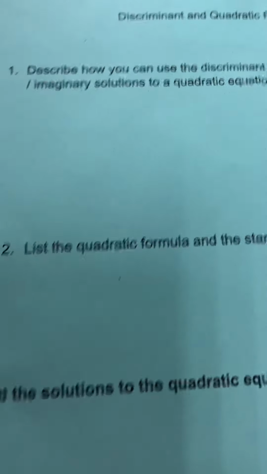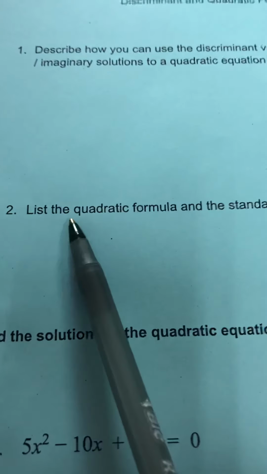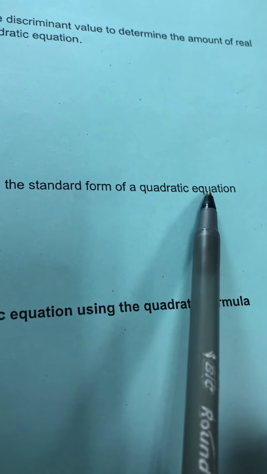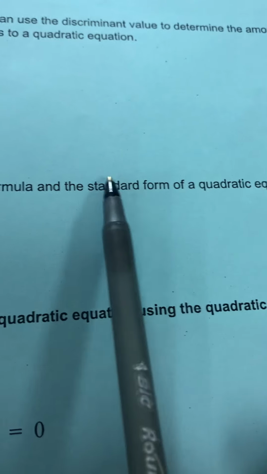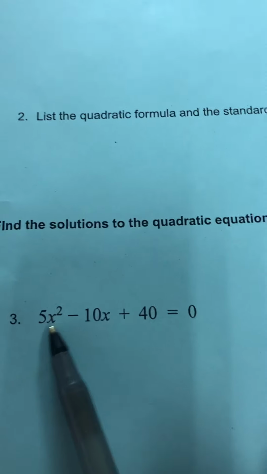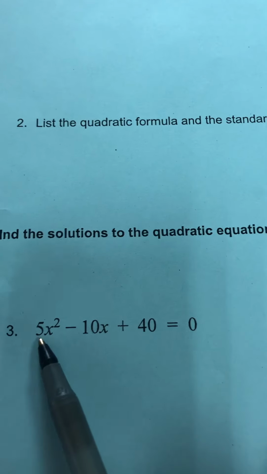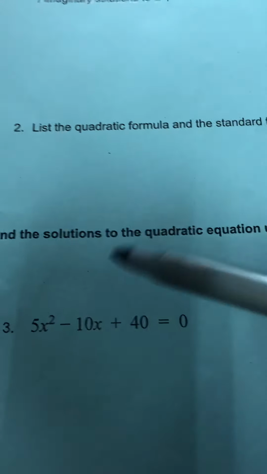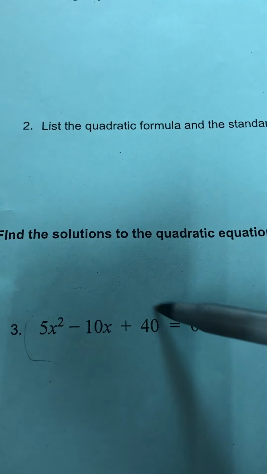Utilize those notes. For number two, list the quadratic formula and the standard form of a quadratic equation. The standard form of a quadratic equation, you're kind of looking at it right down here, but there's letters that you put here. So remember your ABCs, and it's just this first part right here.